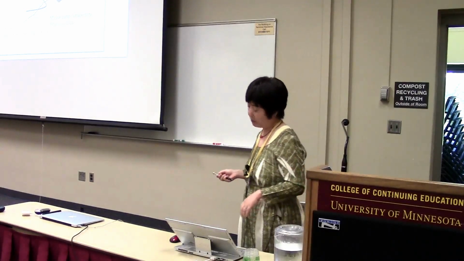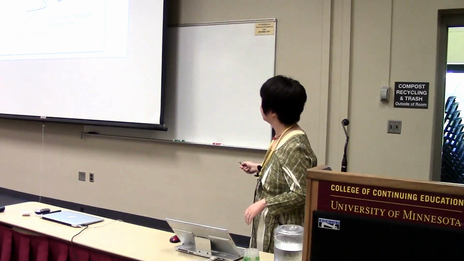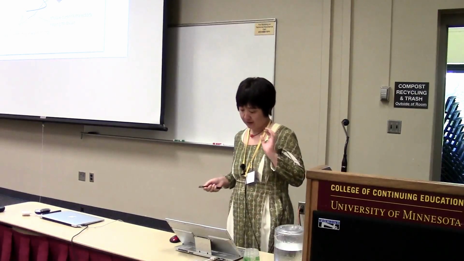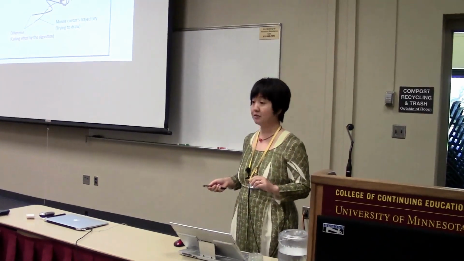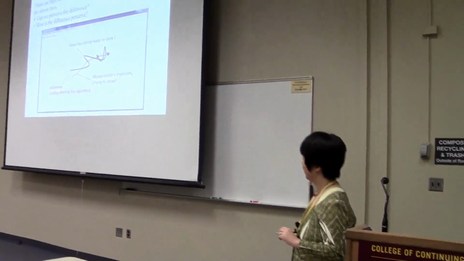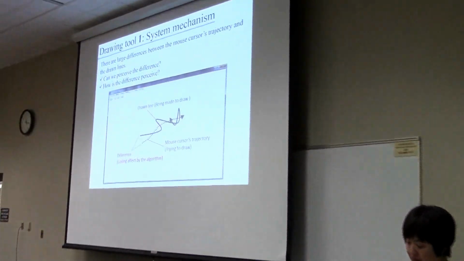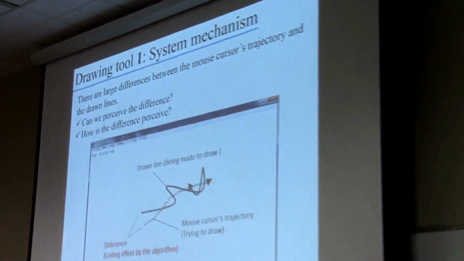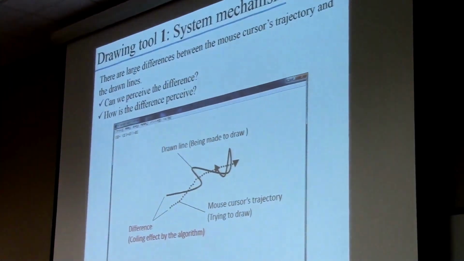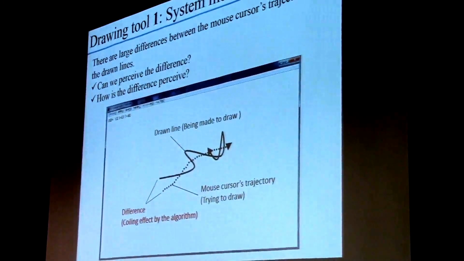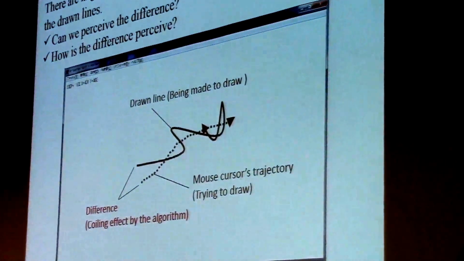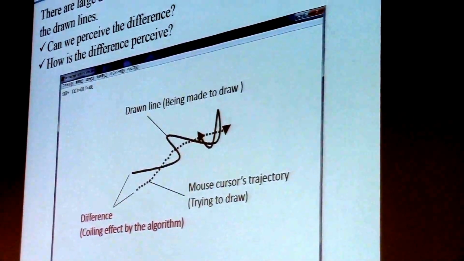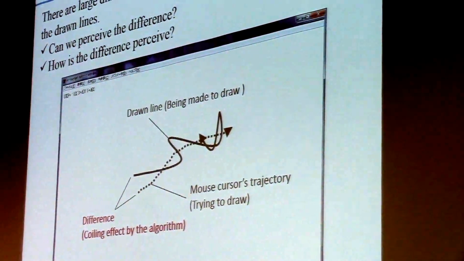And the drawn line on the screen is the irregular coiling pattern of the ammonite as a reaction to the flow. There are large differences between the mass cursor trajectory and the drawn line. Can we perceive the difference? If we can, how is the difference perceived?